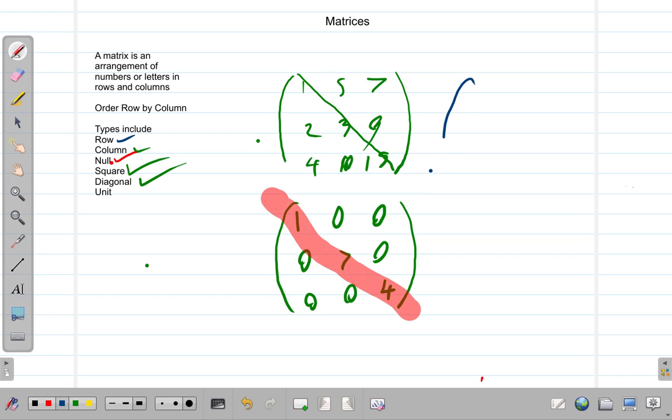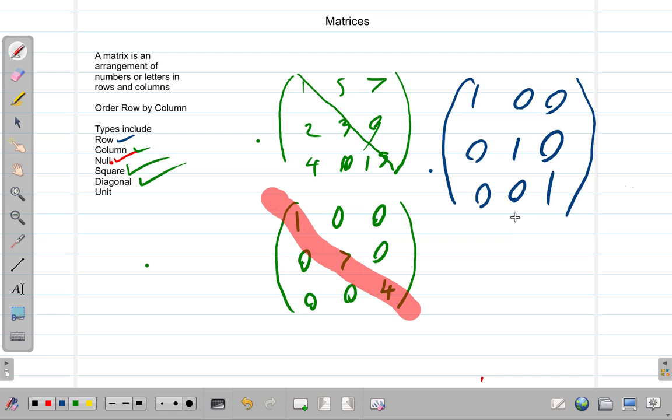So let's see what that is about. You have 1, 0, 0, 0, 1, 0, 0, 0, 1. That's a diagonal matrix. These are 3 by 3. It could be a 2 by 2 as well: 1, 0, 0, 1. That is a unit matrix.